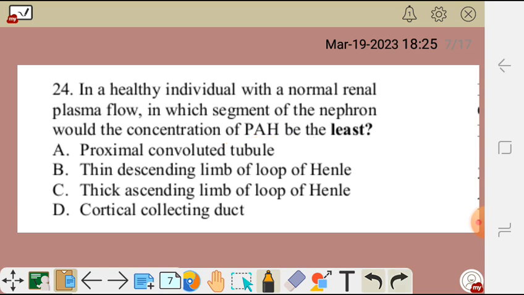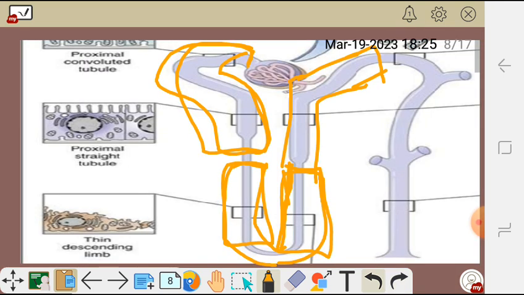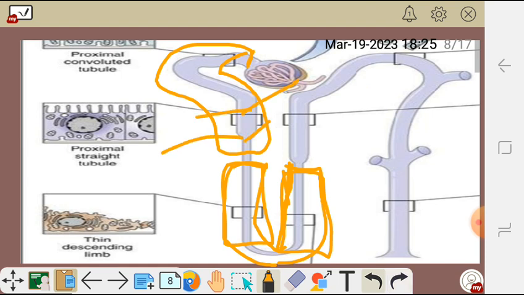Why? Because the proximal convoluted tubule is where we have solutes leaving and water also leaving. So the PAH there will be least, and that's mostly where PAH is being excreted.